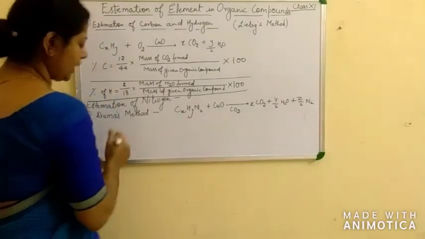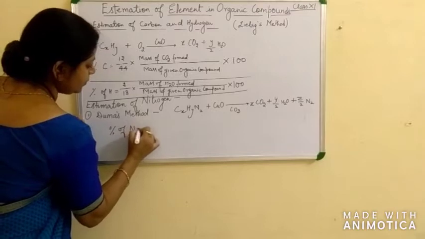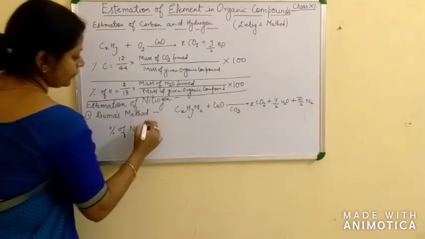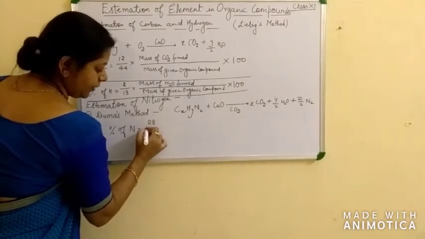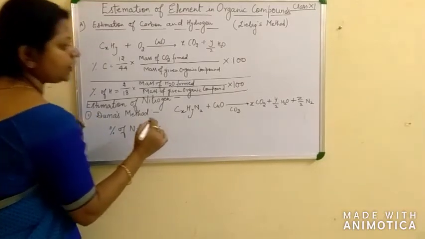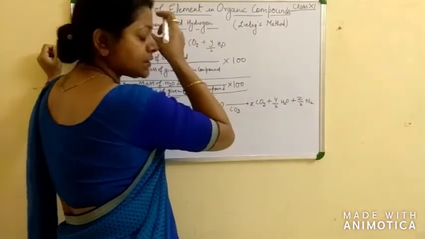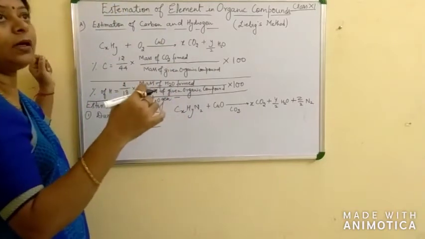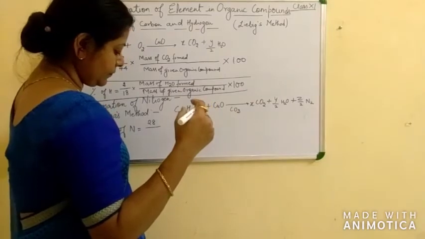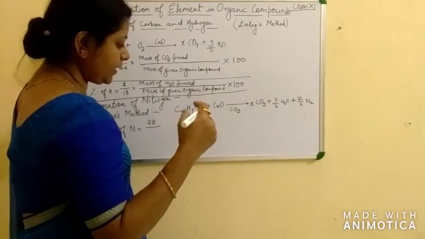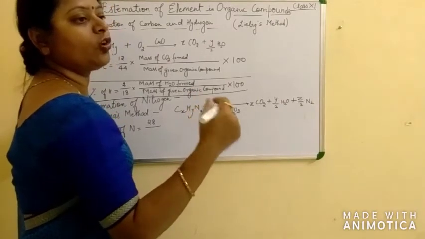So we have to calculate the percentage of nitrogen, which is equal to 28 divided by... Because here we collect the nitrogen by displacement, we get the volume of nitrogen.